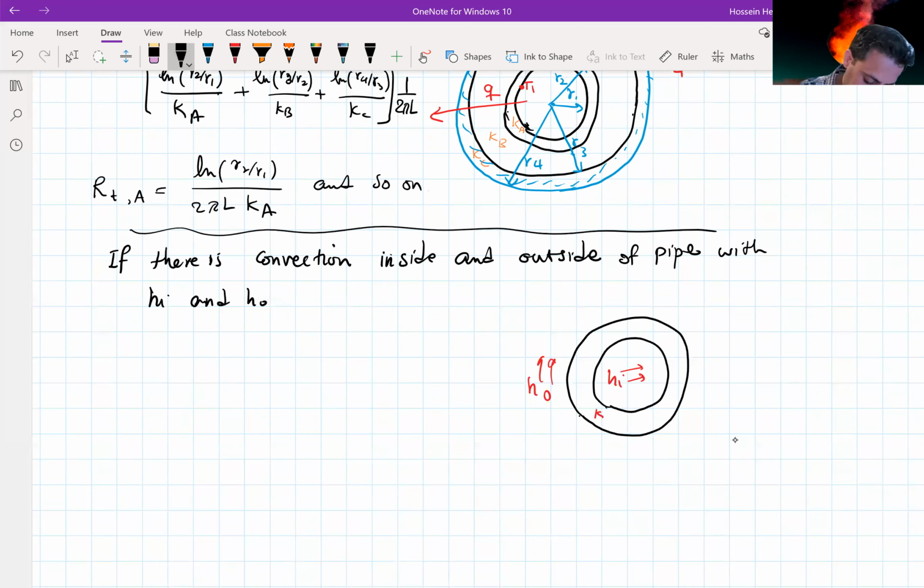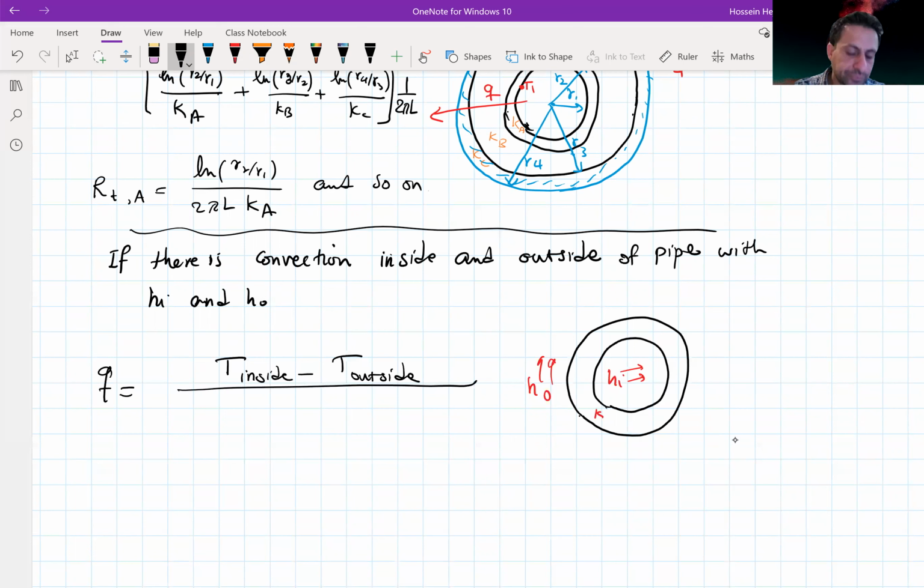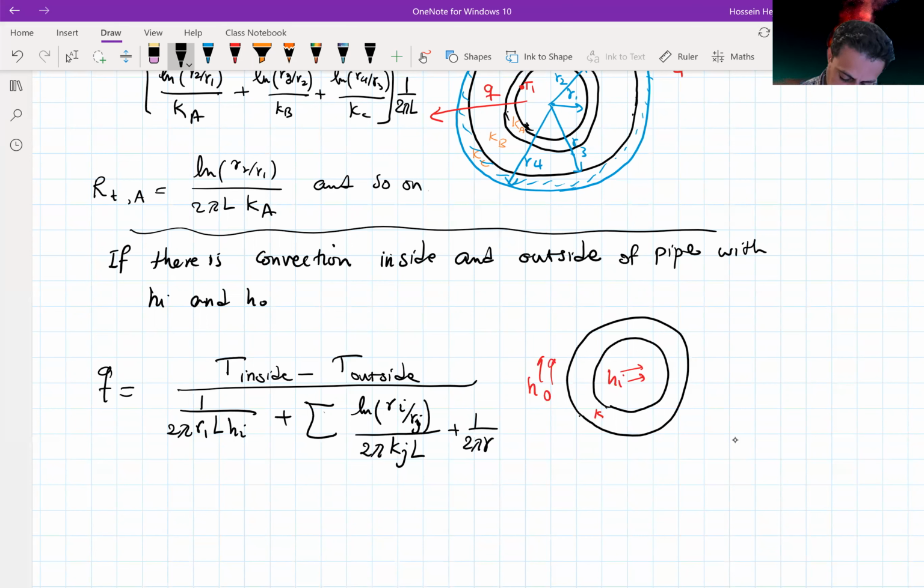Then what we would have here for Q is T inside minus T outside, divided by 1 over 2 pi R1 L Hi, plus the sum of ln(Ri over Rj) over 2 pi kj L, plus 1 over 2 pi Rn L Ho, which is on the outside.